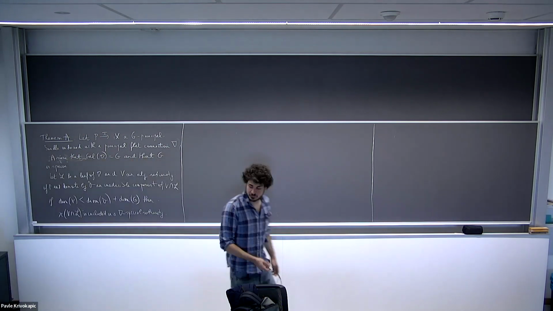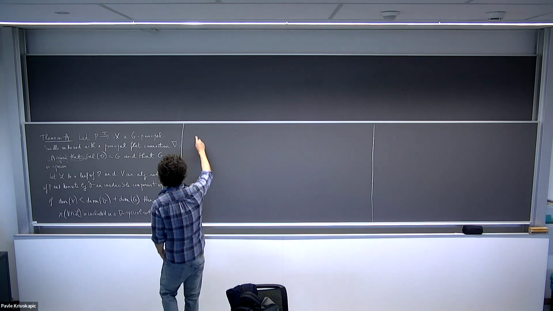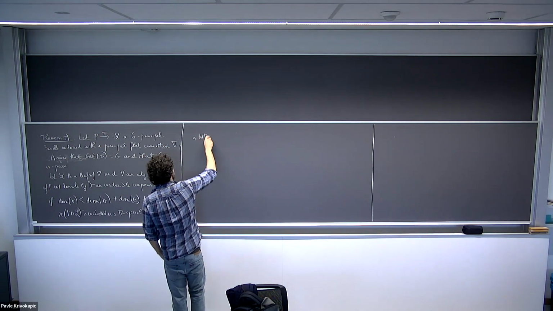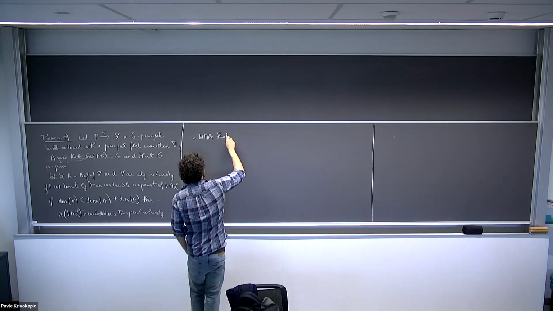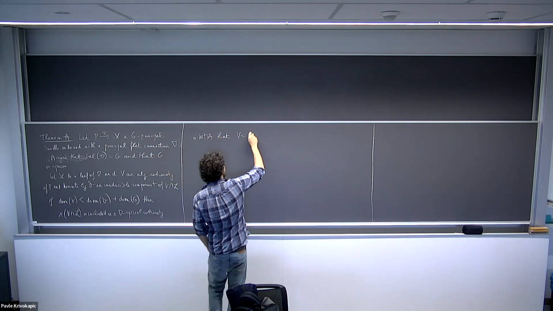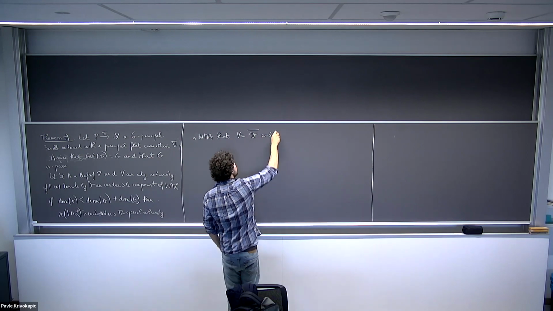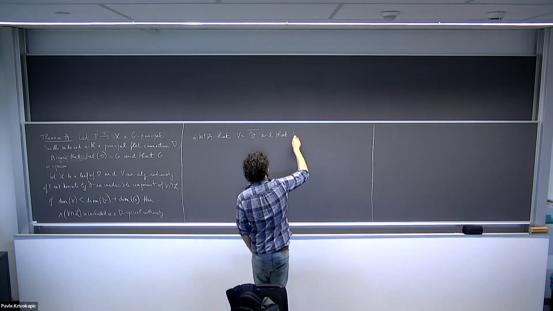And so what we did last time is that we cleaned some of the easy cases. The first thing is that we may assume that V is the Zariski closure of this curly V and that V is irreducible.